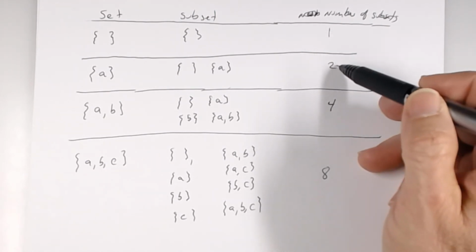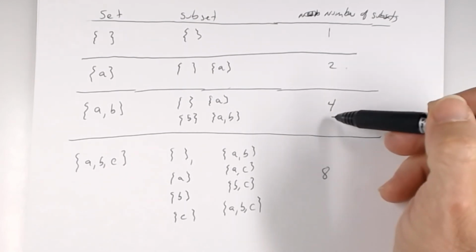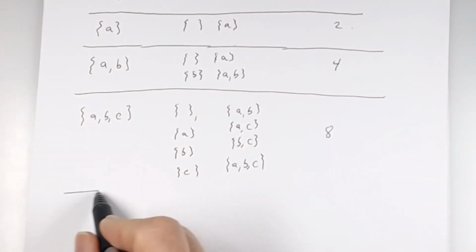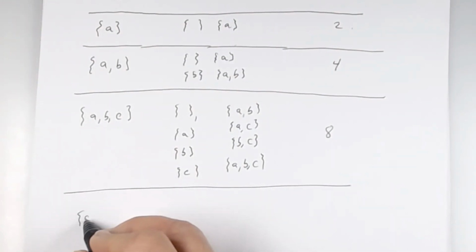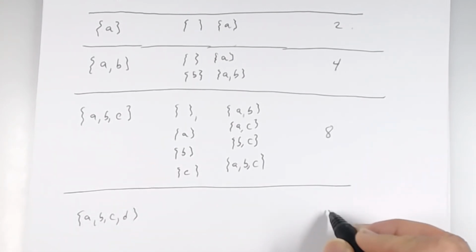To go from here to here, I multiplied this by 2, and then to go from here to here, I multiply this by 2. So if I had, just out of curiosity, A, B, C, D, then there will be how many subsets? 16. There'll be 16 subsets.